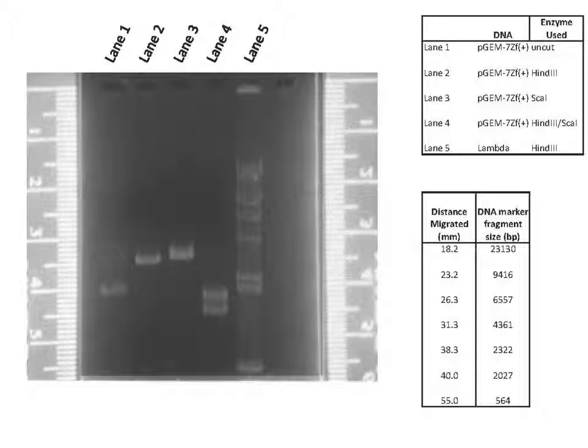So this was some of the results we got back from our digest. And what we did is we ran uncut DNA, we ran cut with HindIII, we ran with SacI, and then we ran with both cuts, and then we ran a DNA ladder or a marker. There's a couple of things that happen with this.